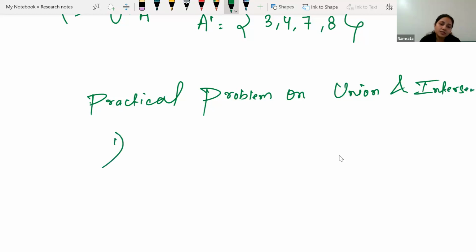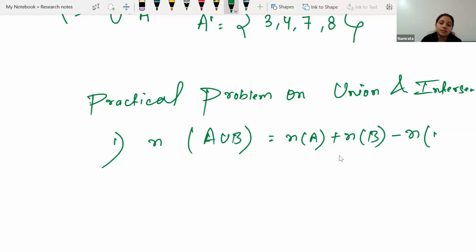So the first rule is: number of elements in A union B is equal to number of elements in set A plus number of elements in set B minus number of elements in set A intersection B. In general, we use this rule if A and B are not disjoint. Disjoint means there is nothing common, A intersection B is phi.